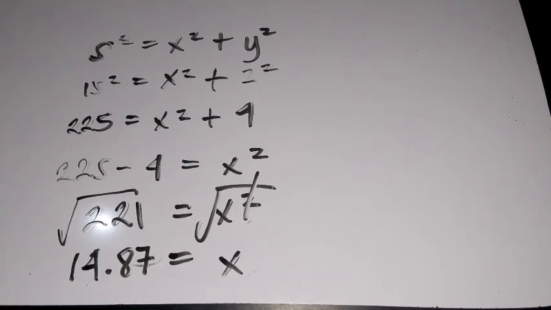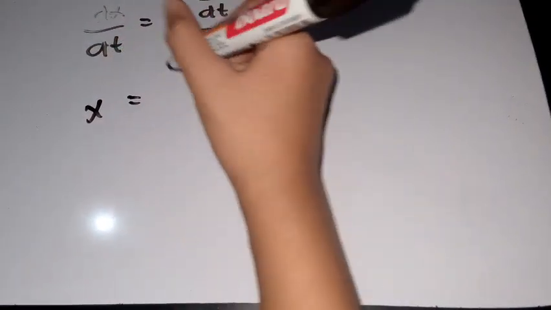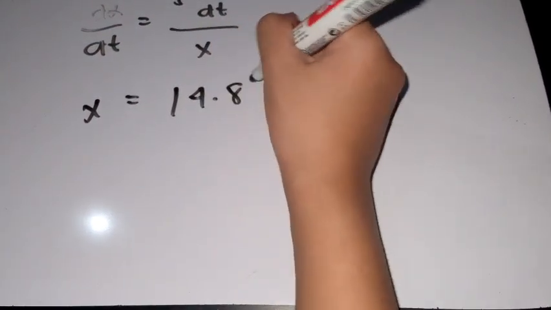Since we have already identified x and dx/dt from step 1, if you still remember from the previous one that we just solved, dx/dt equals s ds/dt over x, and x is 14.87.